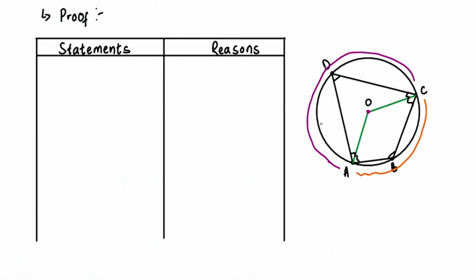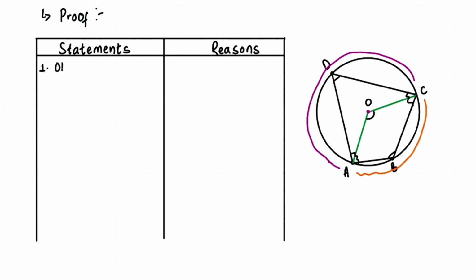Now our final part is our actual proof. In our proof, we are again going to have statements and reasons. I've just copied the mini version of our figure over here. In our number 1, what we are going to write is this obtuse angle AOC is 2 times this angle D, because it's a central angle and this is an inscribed angle made on the same arc AC.